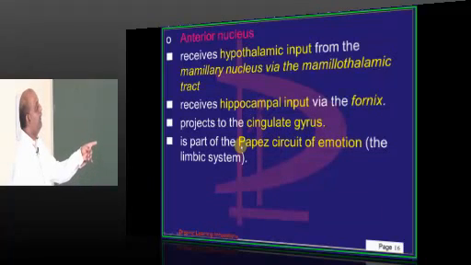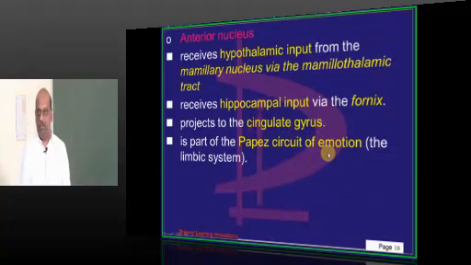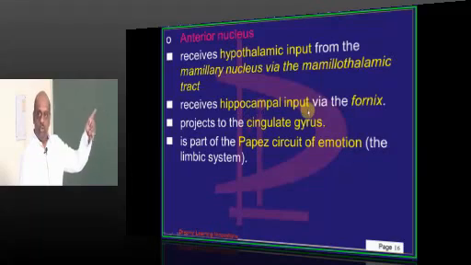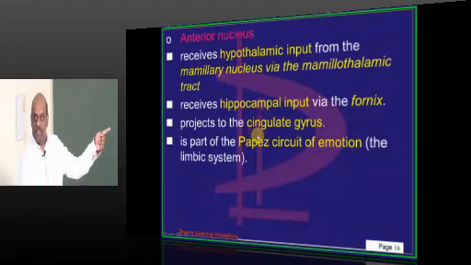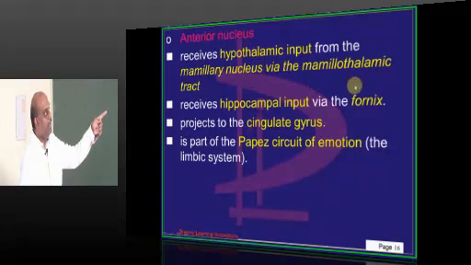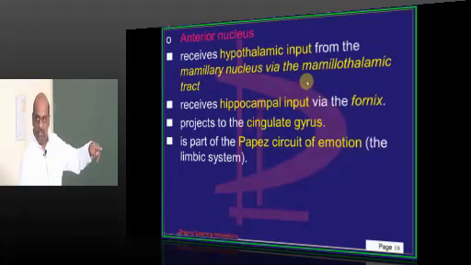So that is how Papez's circuit of emotion, called the limbic system, is established by the connection from hippocampus to thalamus, thalamus to cingulate gyrus, then hypothalamus through the mammillothalamic tract to thalamus, and ultimately thalamus to cingulate gyrus.